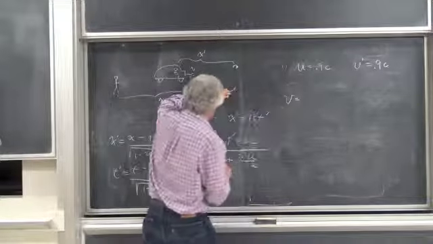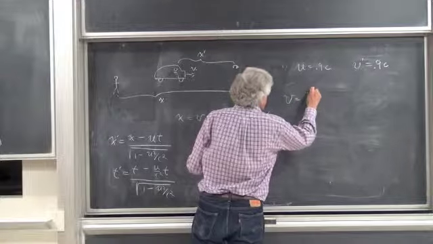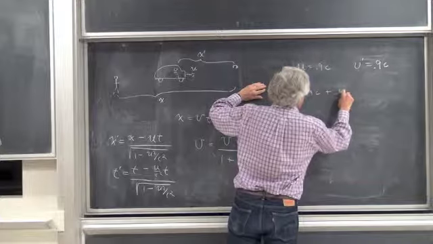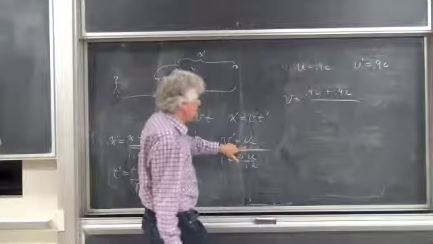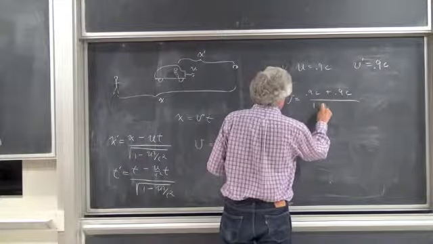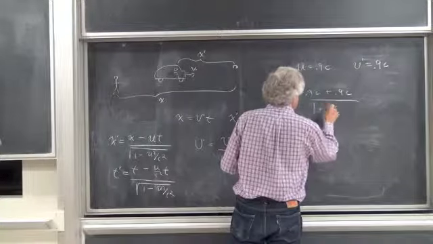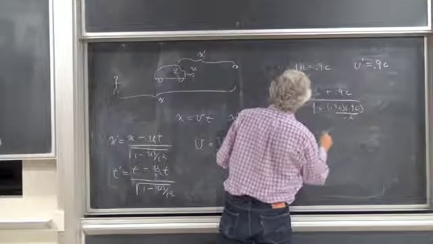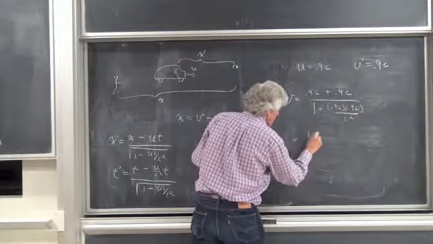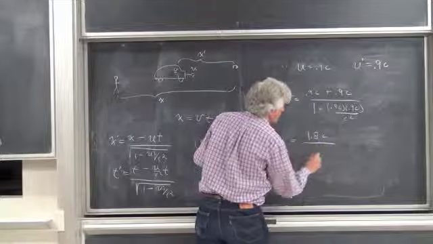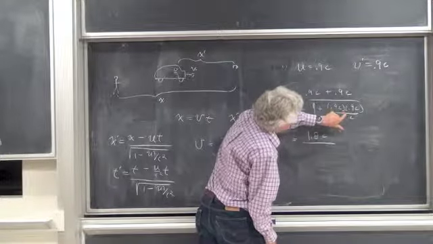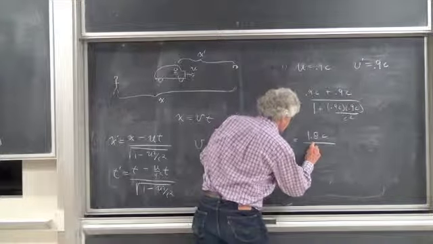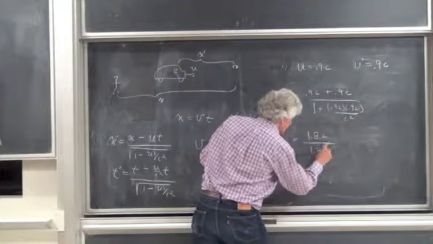If I put these two in, I would have 0.9c for v prime plus 0.9c for u, over 1 plus 0.9c times 0.9c divided by c squared. But this is going to be 1.8c upstairs. The c squareds drop out, and I have 0.9 times 0.9, which is 0.81, so 1 plus 0.81 downstairs.